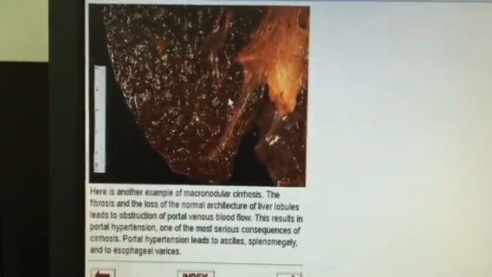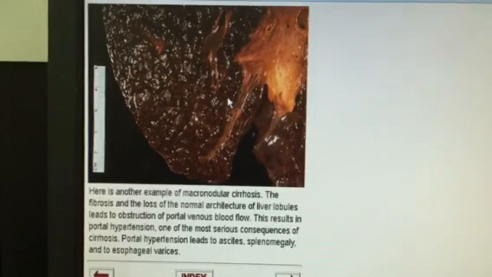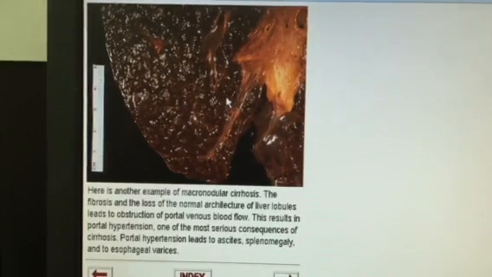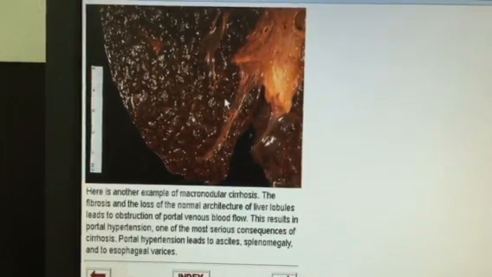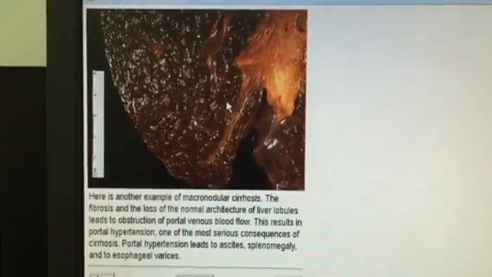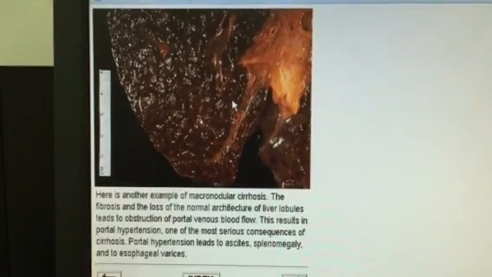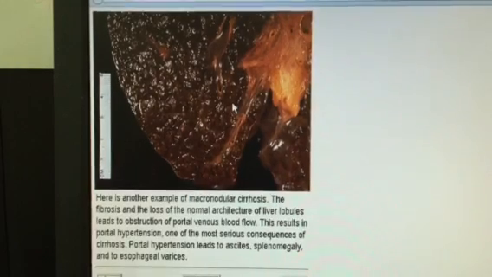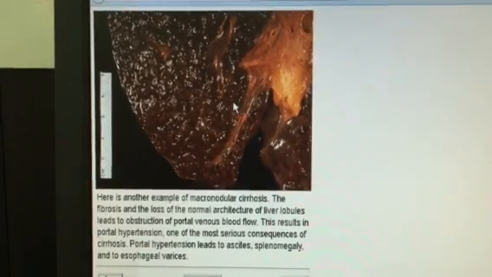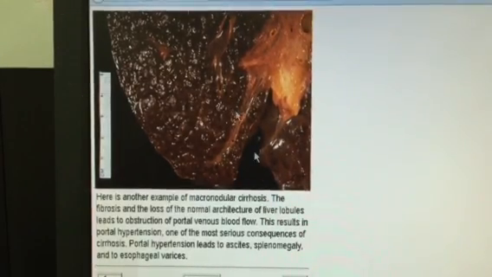As a consequence of this condition, we can have splenomegaly, ascites, and esophageal varices. All these in one term are called portal hypertension. So portal hypertension is a consequence of liver cirrhosis that will lead to, again, splenomegaly, ascites, and esophageal varices.